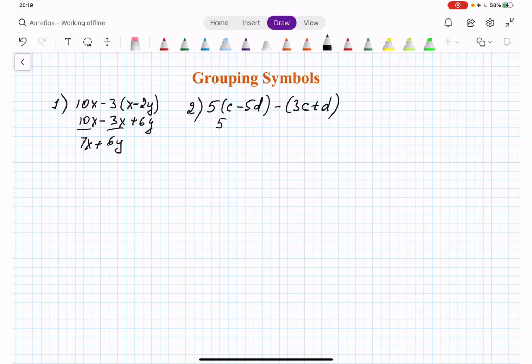So 5c minus 25d minus 3c minus d. So let me see, this is 3c and minus d. So this like term with this, it's going to be 2c, and it's going to be minus 26d.